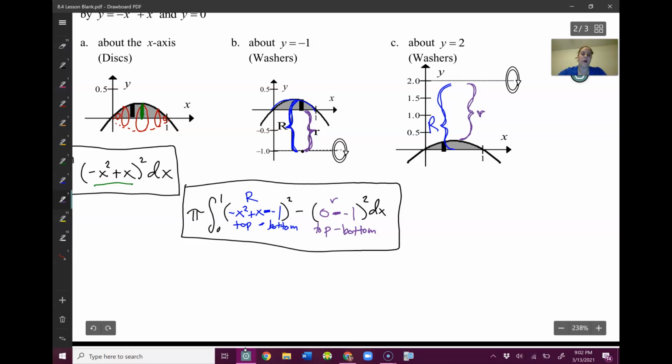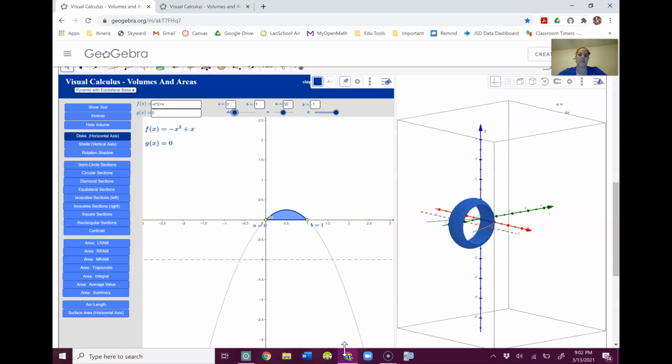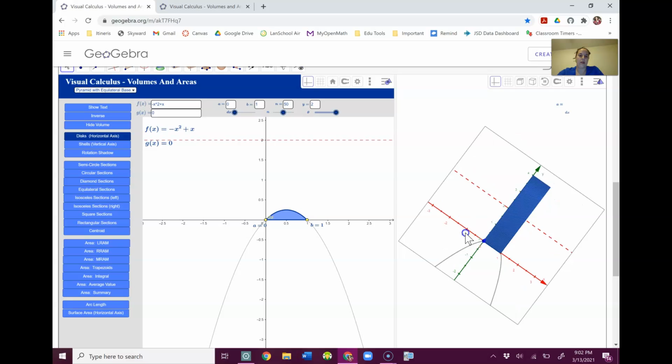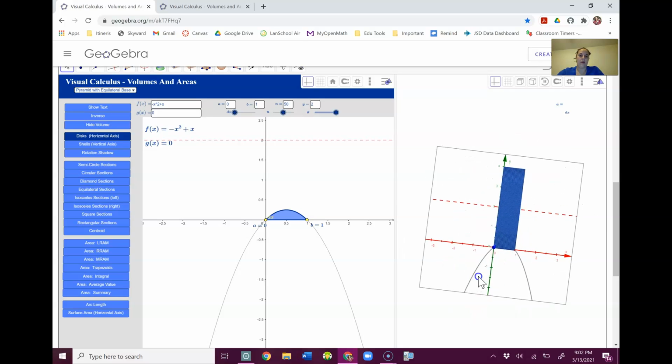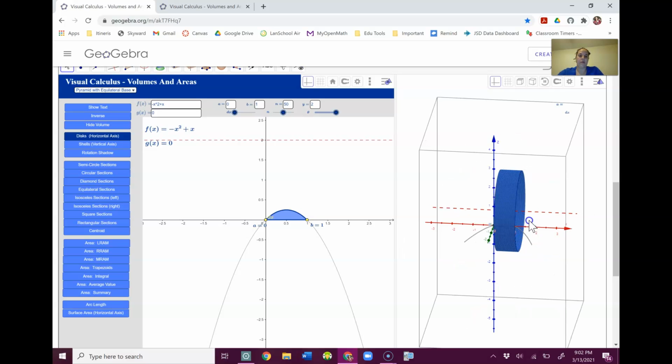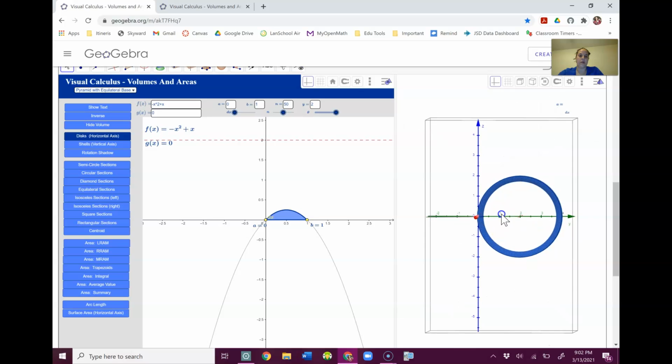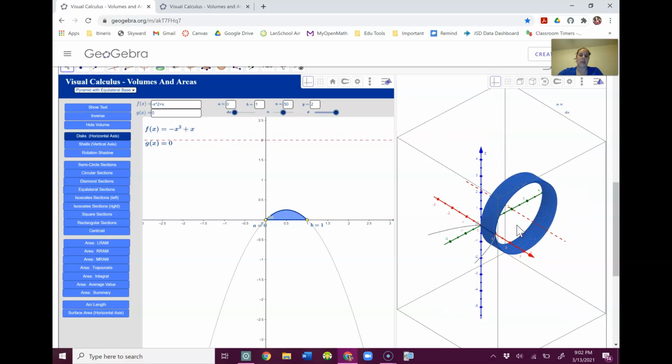And before I have you pause the video, just to help you visualize this shape, let's come over here and say, okay, let's change this to y equals 2. And here is our shape now. So now you'll notice the outside right here is totally straight. Here, let's move our dx through. The outside is totally straight.